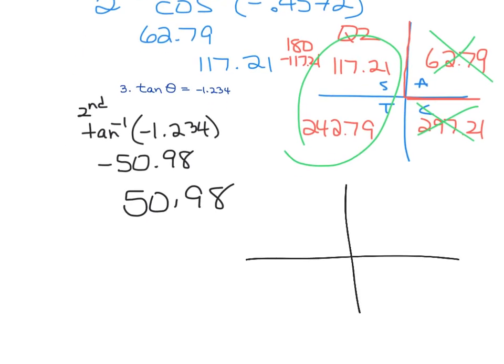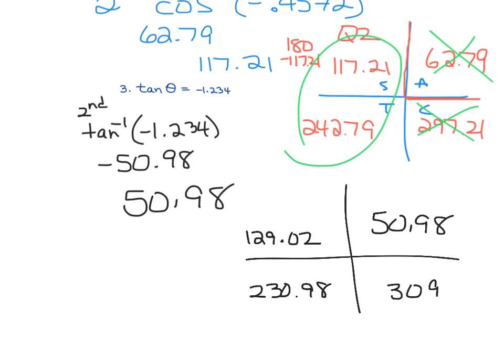So for this one, 50.98, subtract that from 180 and you get 129.02. Add it to 180, and I get 230.98, and then if I subtract it from 360, I get 309.02.